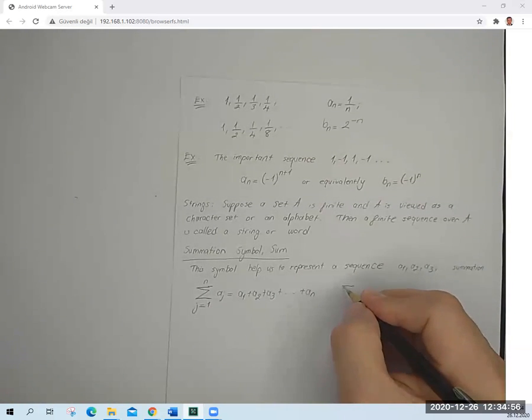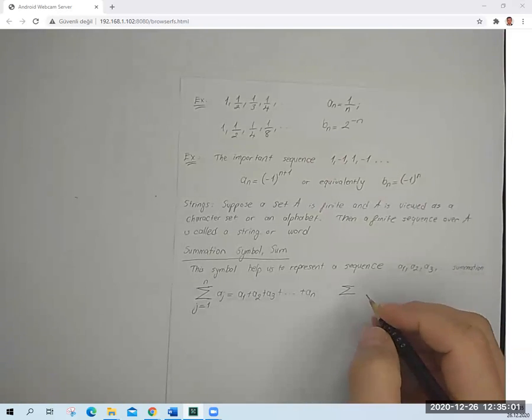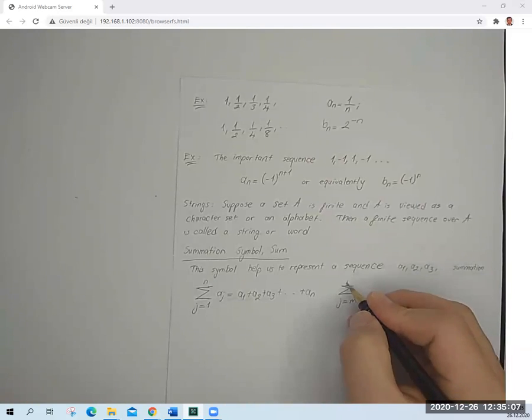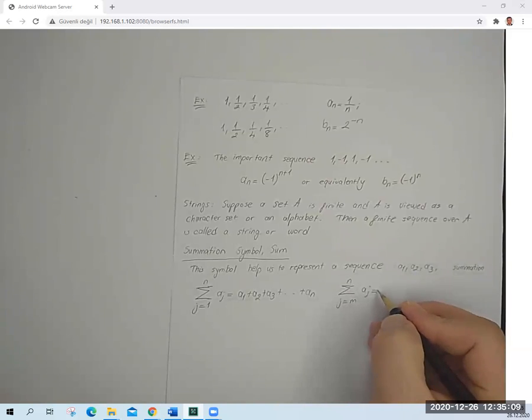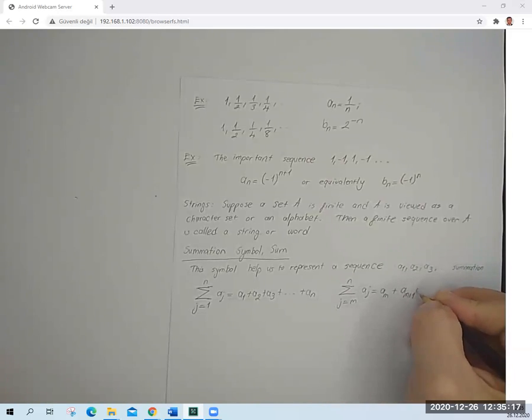If you want, there is going to be some kind of marked value, like j equal m to n. Here is the sum of a_j equal to a_m plus a_(m+1) plus a_(m+2) and so on, to a_n.